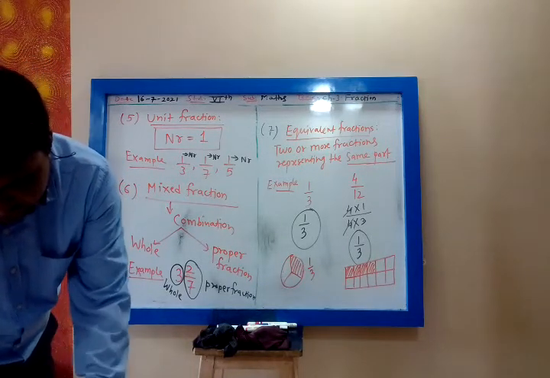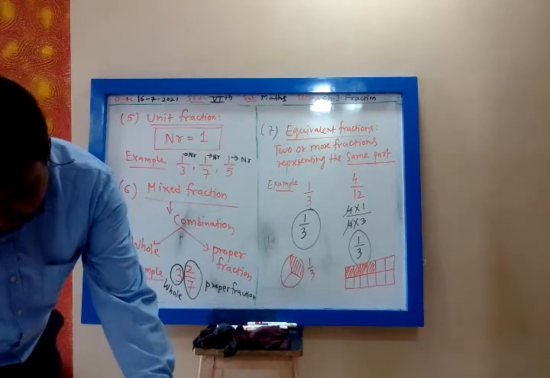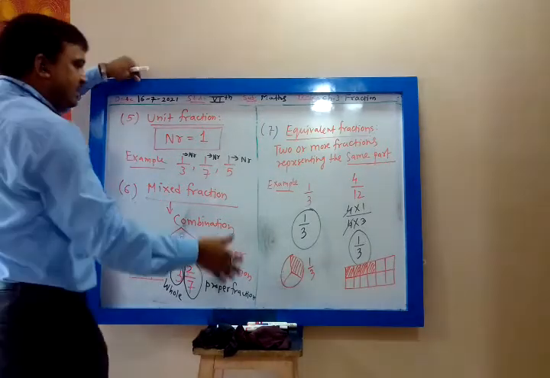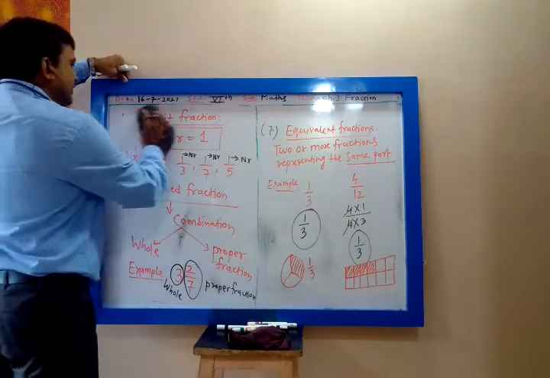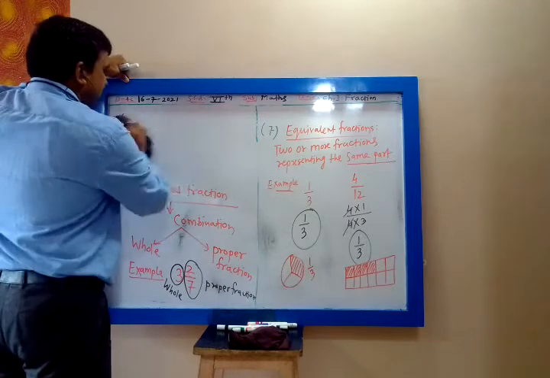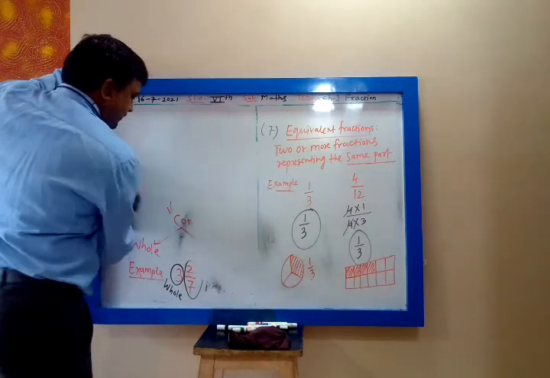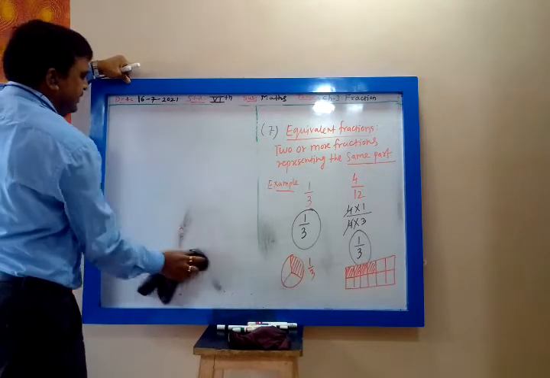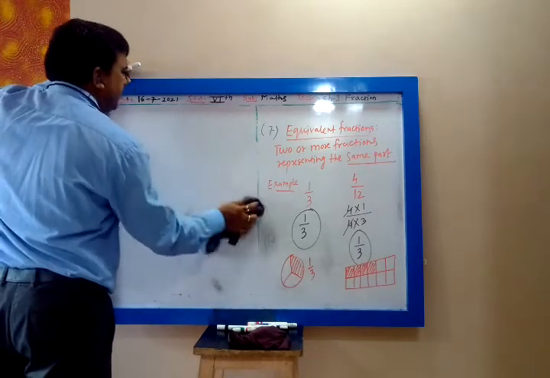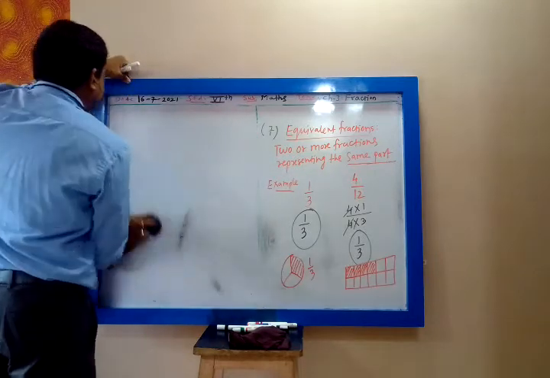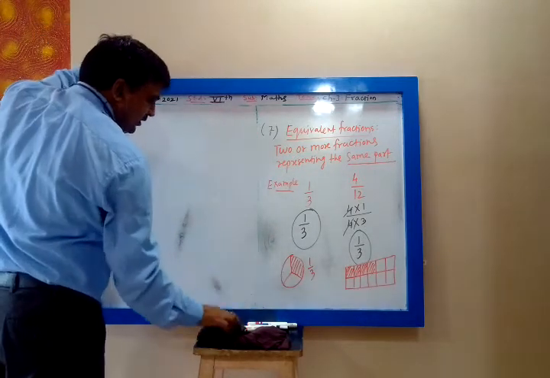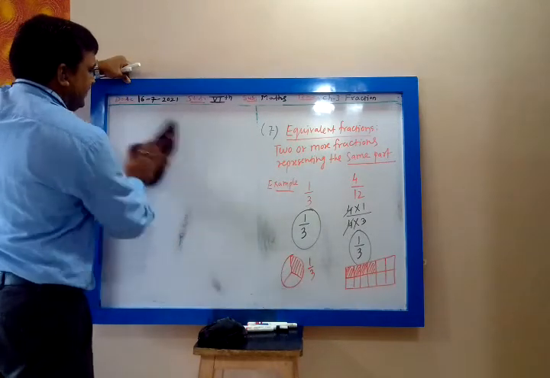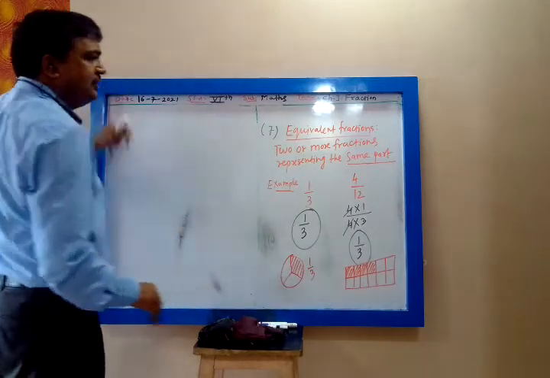So based on this, we will solve our exercise 4.1. Based on this type of fractions, you remember, a fraction means numerator upon denominator. On the various types: if denominators are equal, it is like fraction; if denominators are different, it is unlike fraction.